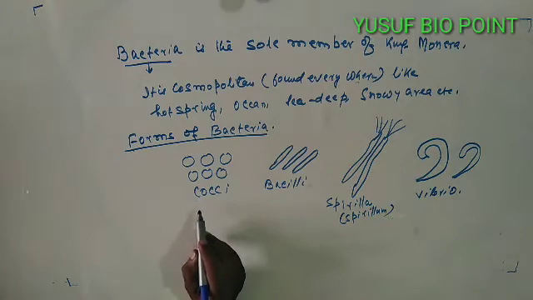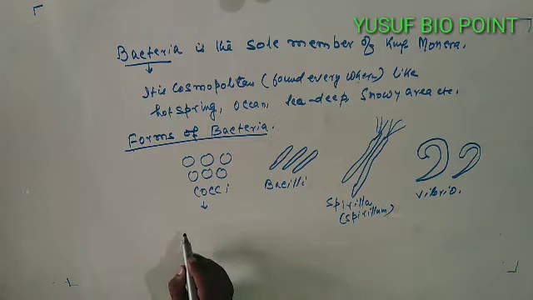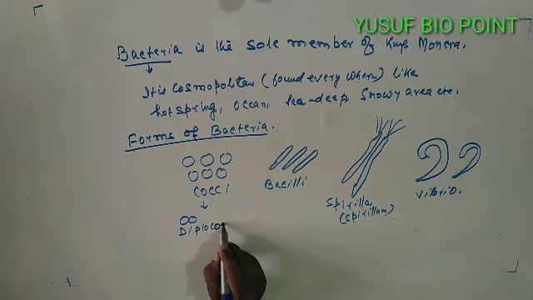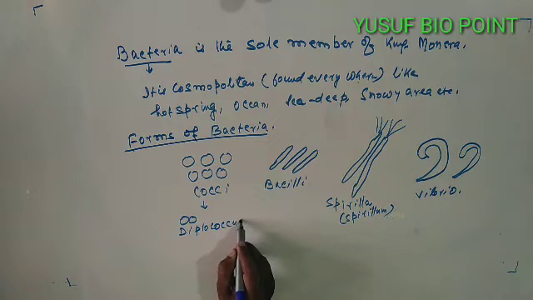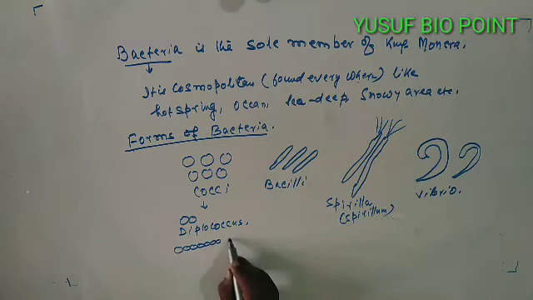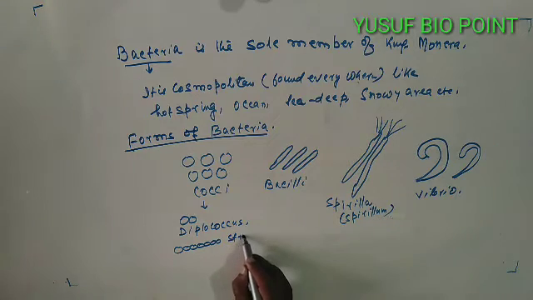Coccus, if it is found in double, is diplococcus. If it is found in a chain, that is called streptococcus.